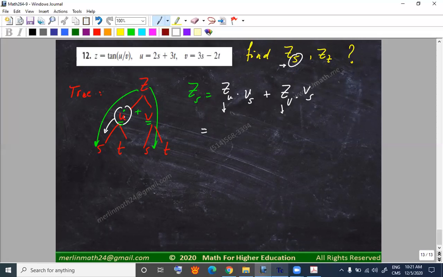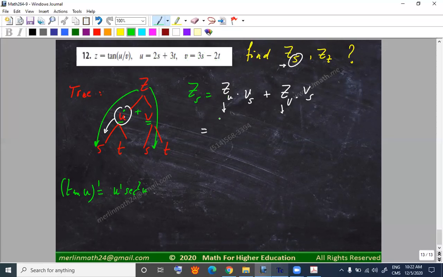Now Z, you have tangent. So let us list the rules. What is the derivative of tangent U? It is U prime secant square U. You agree? And the rest are linear. This is so easy. You don't have exponential, you don't have ln, you don't have radical, you don't have any trigo in this even.